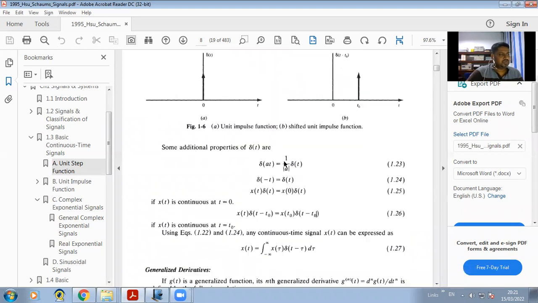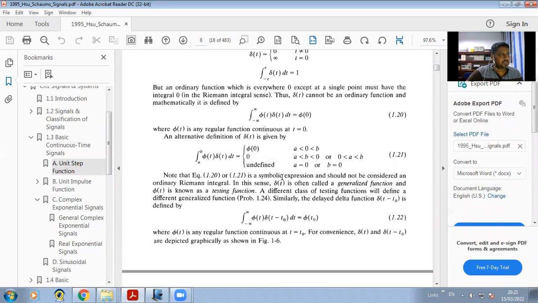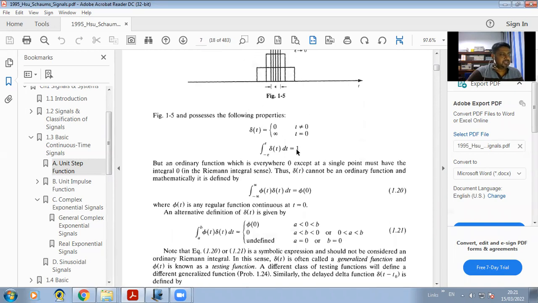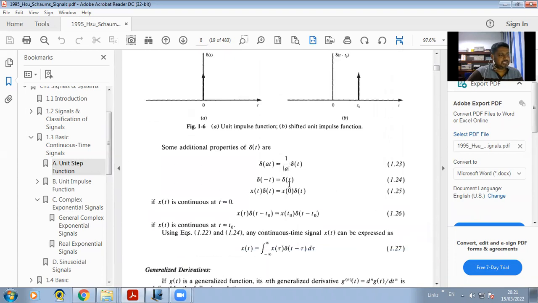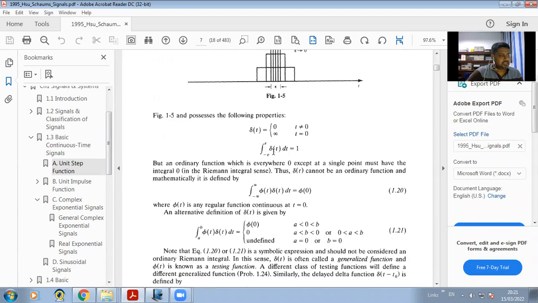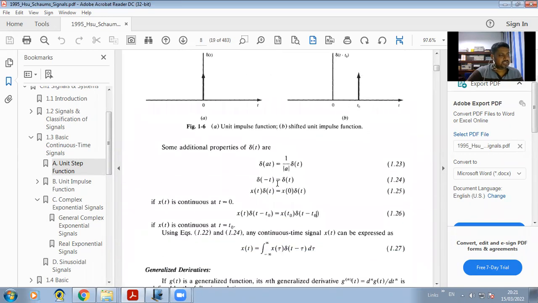Basically you have to remember this signal graph, these three definitions, and also these two properties. That is the unit impulse function.